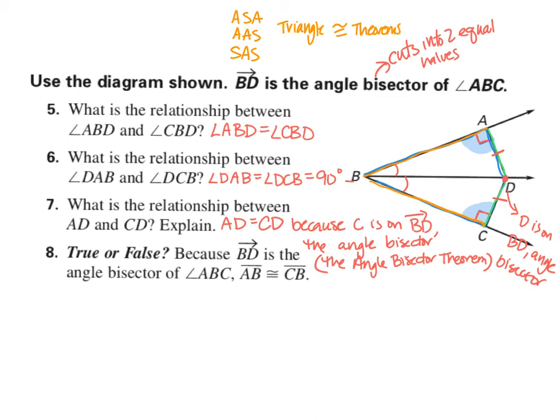Now, we do have an angle here that's congruent. We have a side here. We can't necessarily say that these angles here are congruent. So I'm not going to use angle side angle.